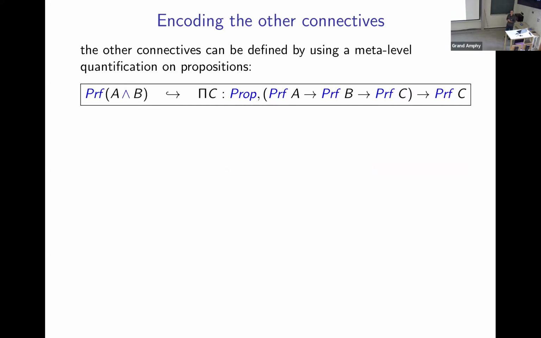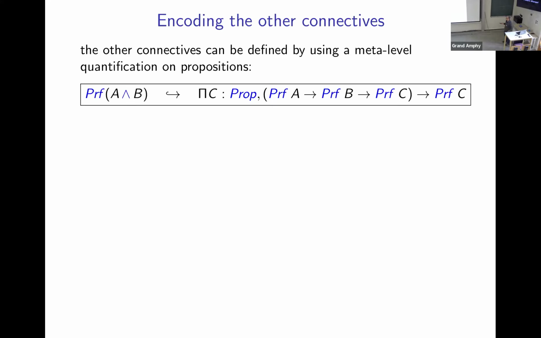What about the other connectives now? We have implication, we have universal quantification. What if we want to represent conjunction? One way to handle conjunction is to interpret it like this. With this rule, it's a standard kind of impredicative or higher-order encoding of conjunction.